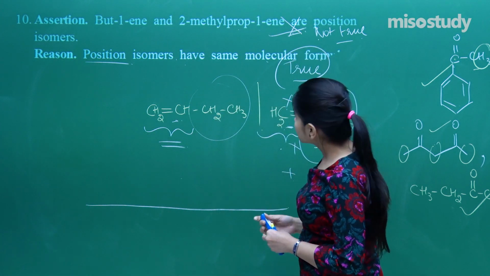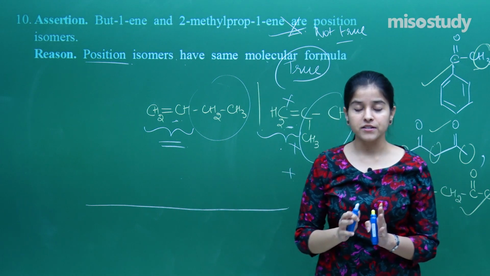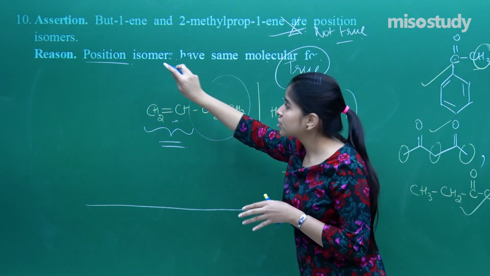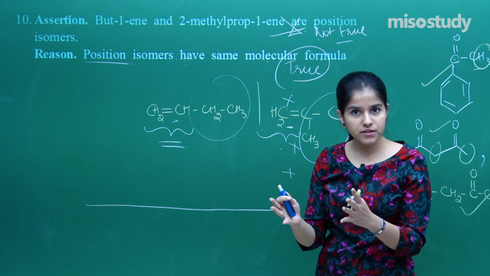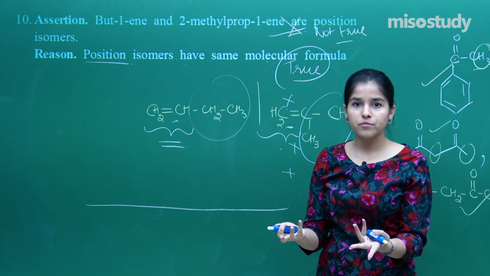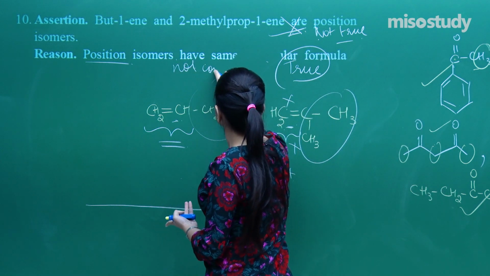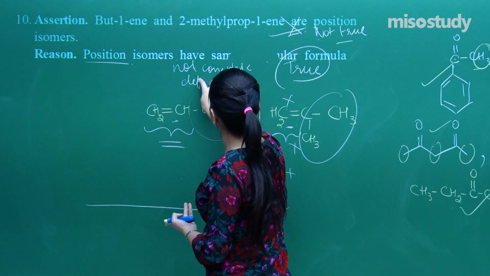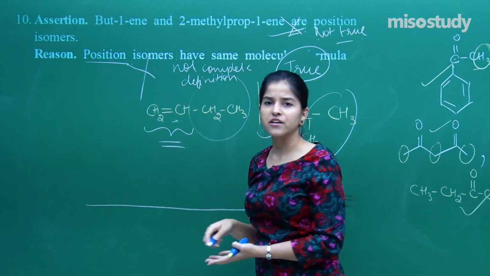Now, position isomers have same molecular formula. We all know that. But what is the actual thing in position isomers? It is actually the difference of the positions of functional groups as well as double and triple bonds. That has not been mentioned. So this is not a complete definition, again making this statement untrue.